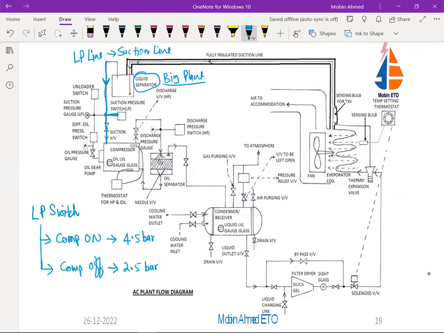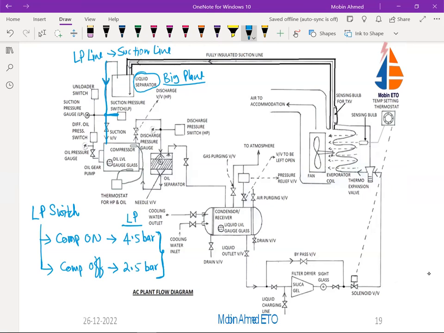That's why it has to cut out at low pressure. Remember this, this is the LP pressure: at 4.5 bar the compressor will be on, and at 2.5 bar it will be off. Whatever data I am giving will differ from model to model. Whatever I am writing here is just to make you understand how it works. Hope you understood this.